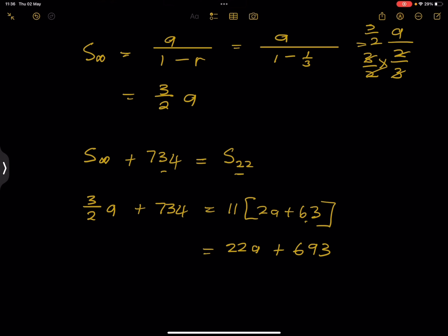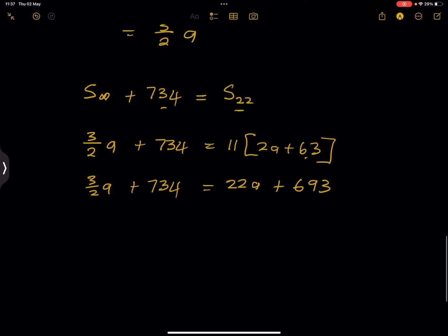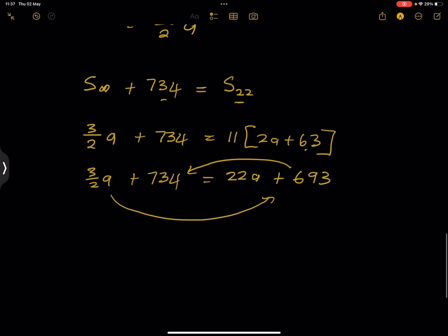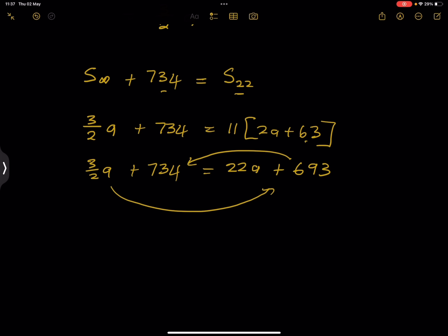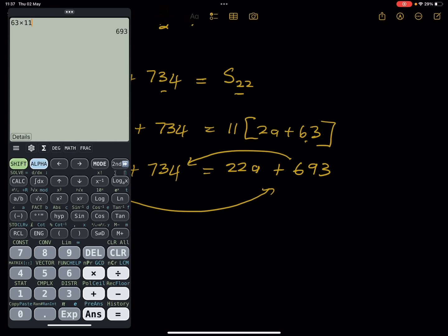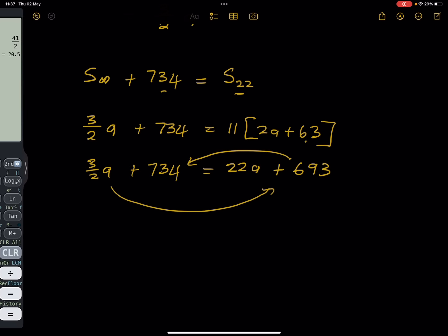And on the other side, this is 3 over 2a plus 734. Let's work it out as much as we possibly can. I'm going to bring this to this side, that to that side. So we've got 22a minus 3 over 2a, so that's 22 minus 3 over 2, which gives me 41 over 2a.